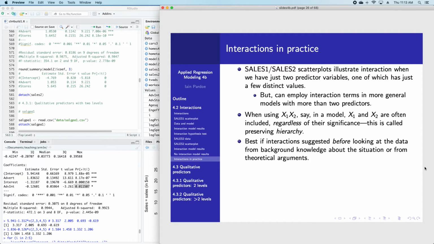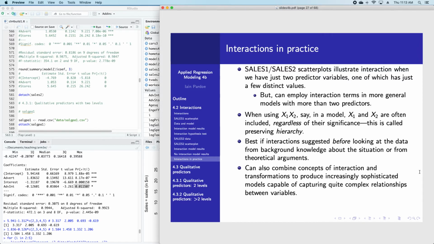You might suspect that there may be an interaction between two predictors in the way that they are affecting the response variable. So you could create that variable in the dataset, try it in the model, and see if it's significant.